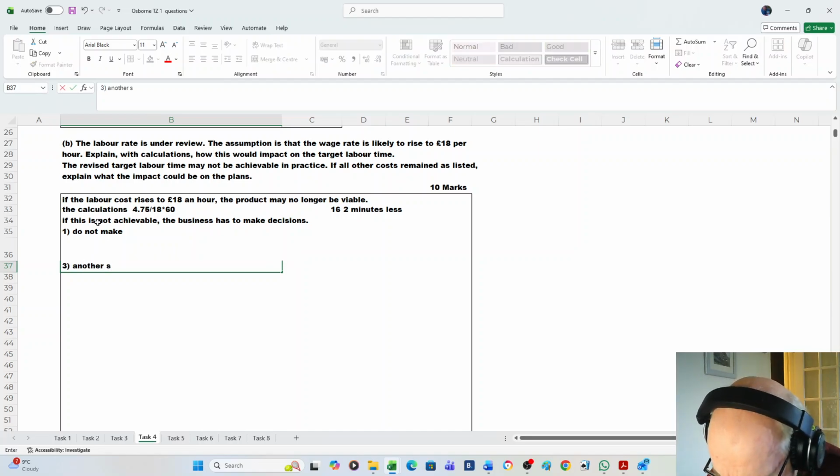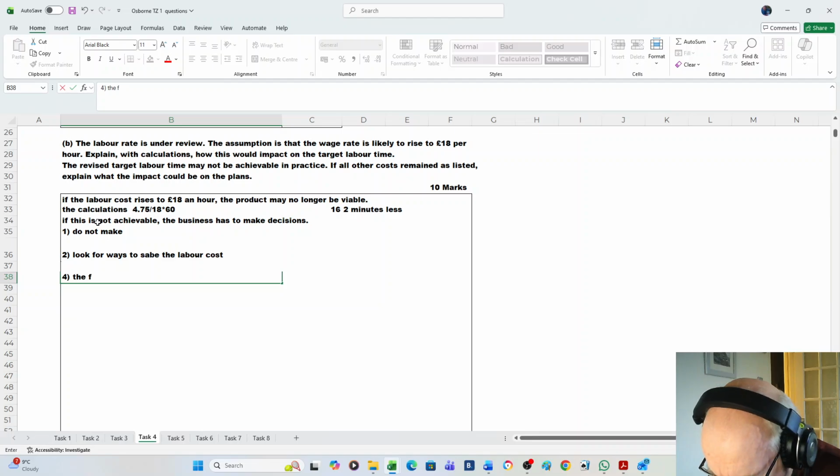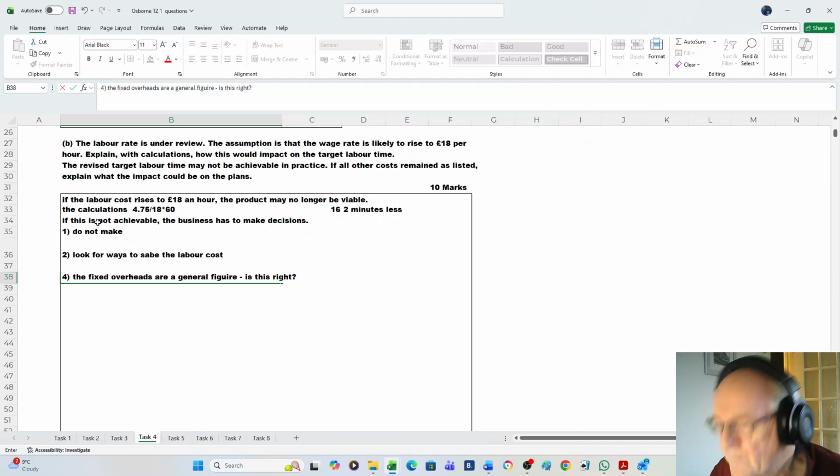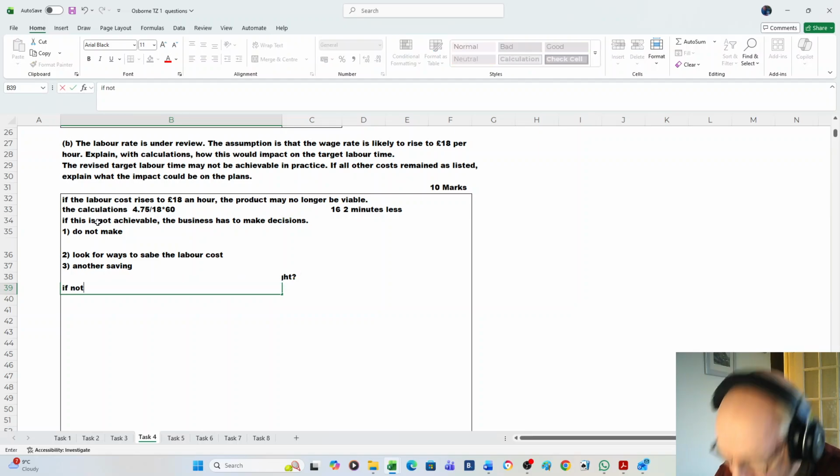Another saving. Why not? Loads of things you can do. 4. The fixed overhead general figure. Is this right? Yeah, if not, just spotted a typo, save.